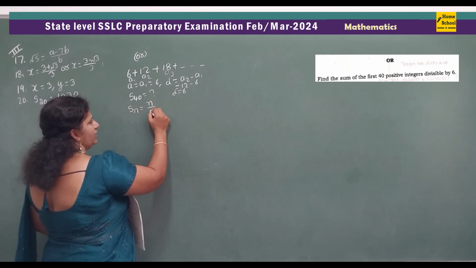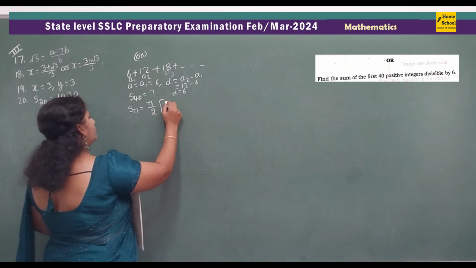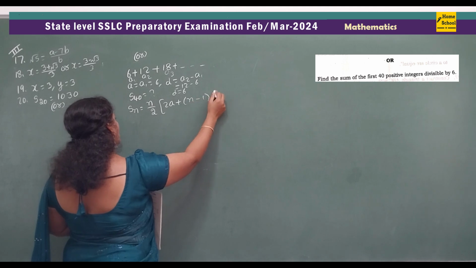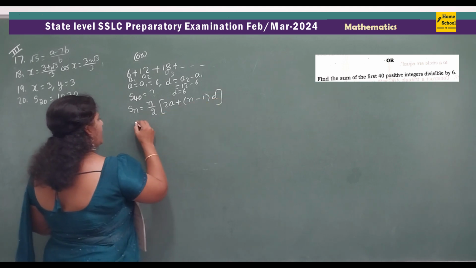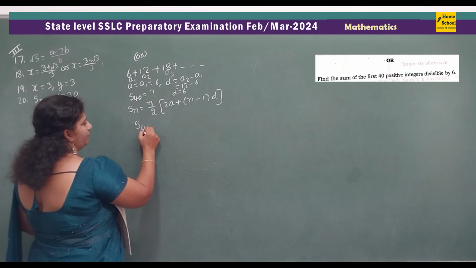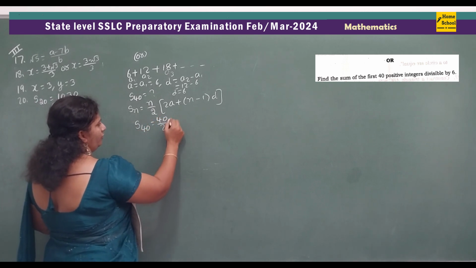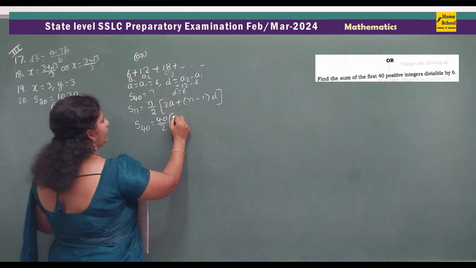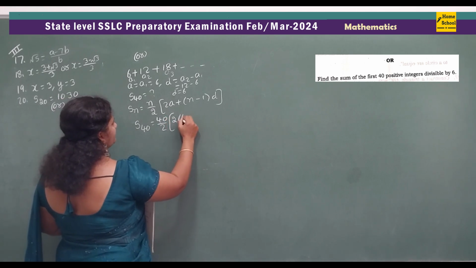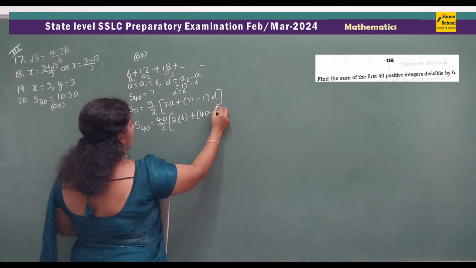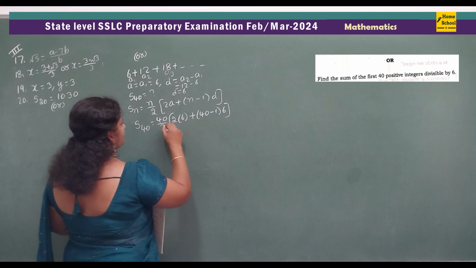Sn is equal to n by 2 into 2a plus n minus 1 into d. n value is 40, so S40 is equal to 40 by 2 into 2 into a value 6 plus n value 40 minus 1 into d value 6.